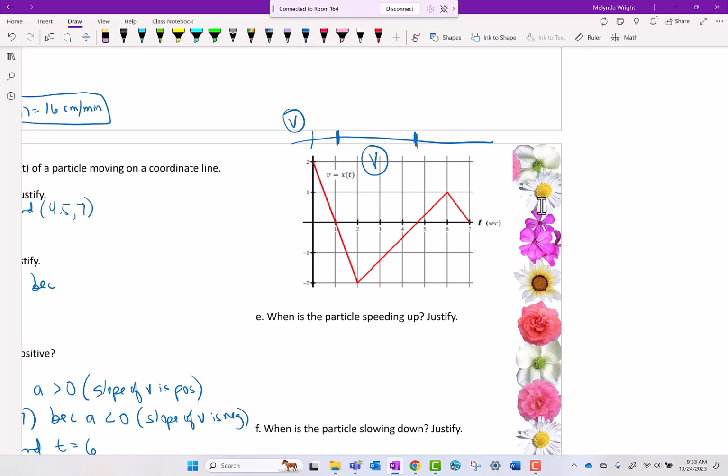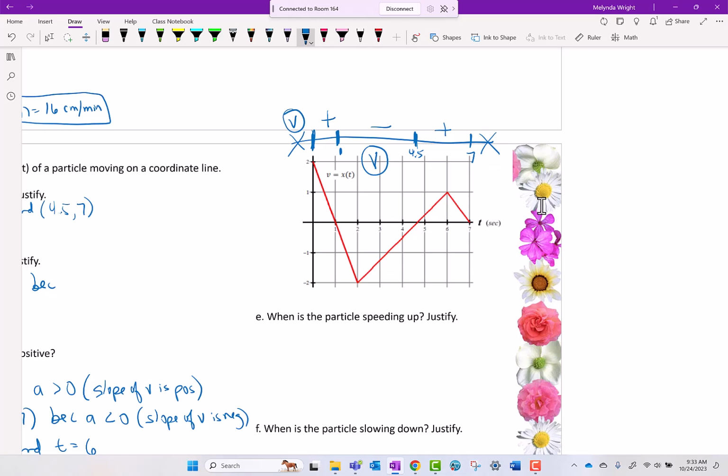So that's 1, and that's 4.5. Okay, and then that's 7. We don't know what's going on there or there. So velocity is positive here, negative there, and positive there. Are we okay with that?